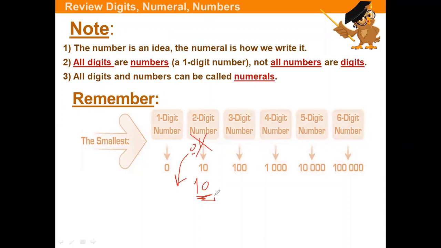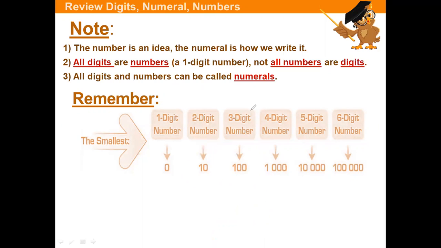When I ask you about the smallest two-digit number, I will write 1. After that, I will put 0. If I put 0 first and then 1, the 0 will go down. That means it will be 1 only. So it will be wrong because I ask you, I need two digits.